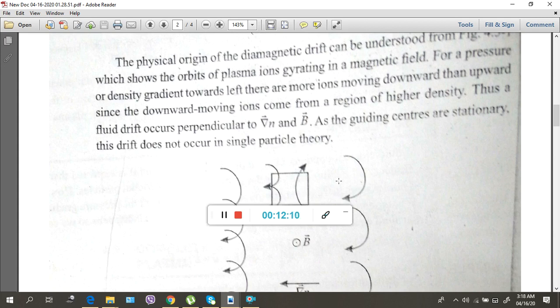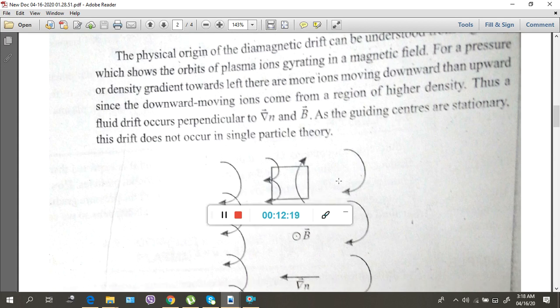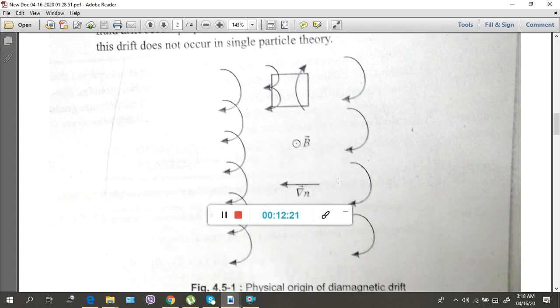Thus, a fluid drift occurs perpendicular to delta N and B. As the guiding centers are stationary, this drift does not occur in single particle theory. It means that delta N is towards the left, so the drift is greater on the left hand side than the right hand side.